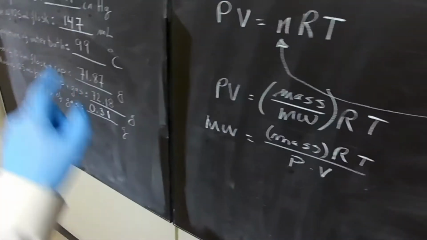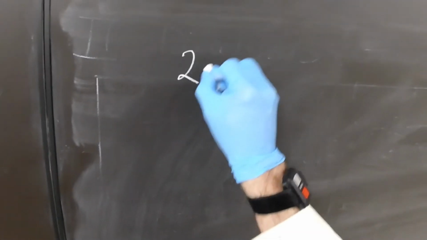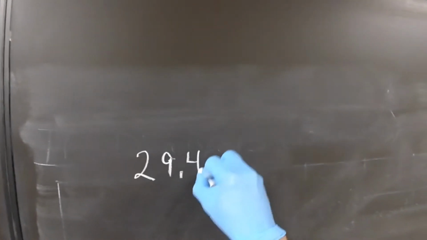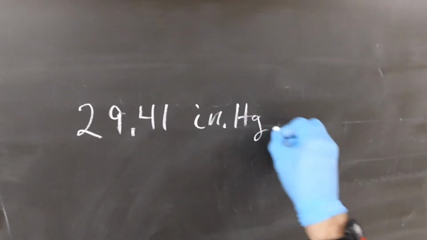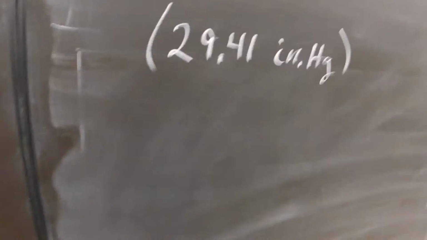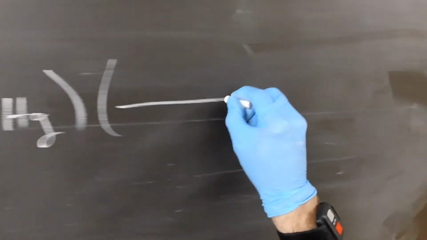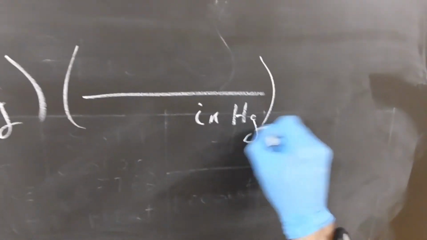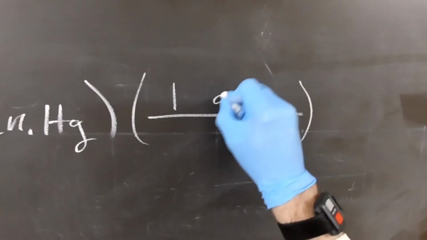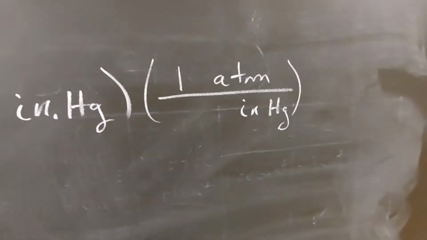So, barometric pressure, 29.41 inches of mercury. How do we convert that to atmospheres? We need a conversion factor. How many inches of mercury is 1 atmosphere?